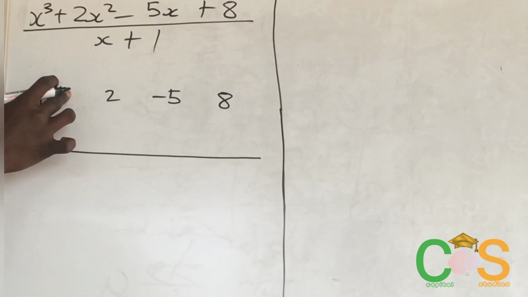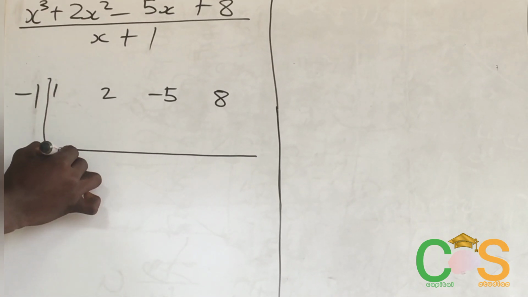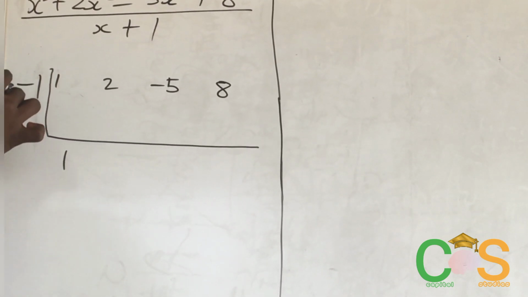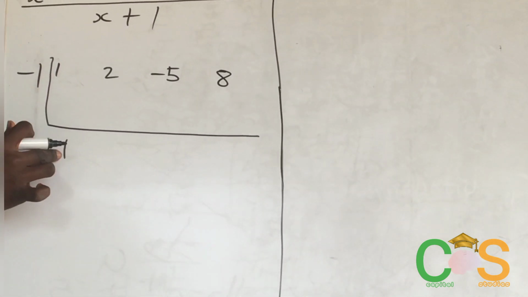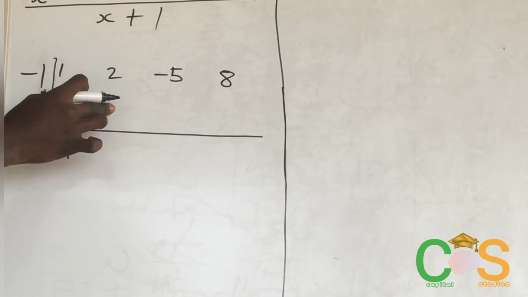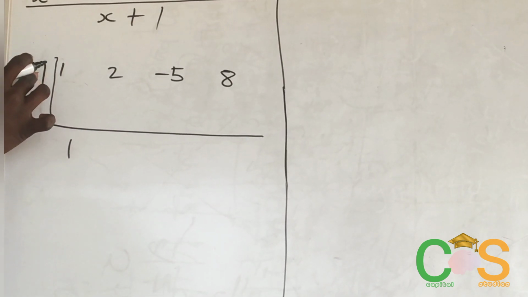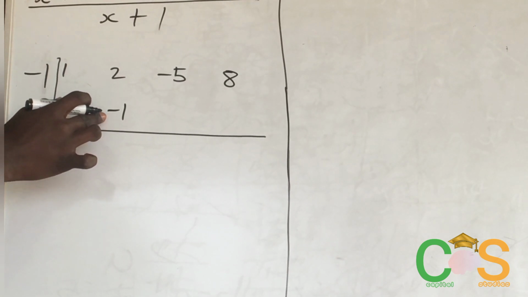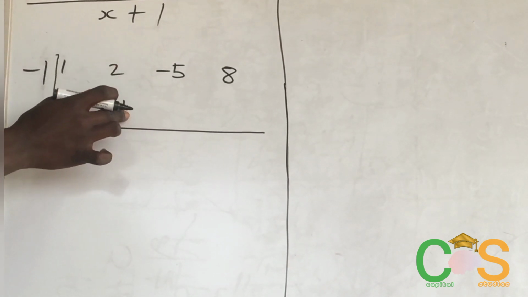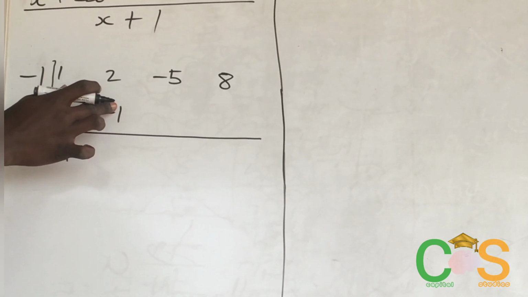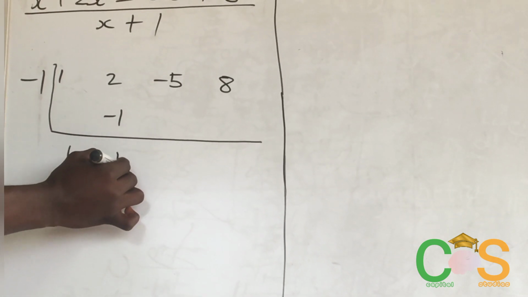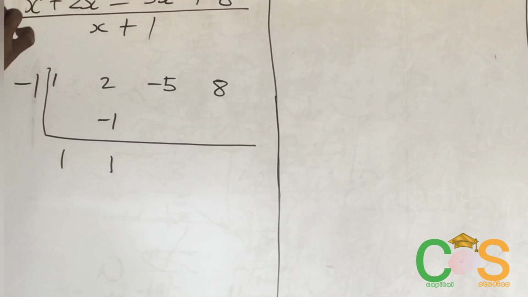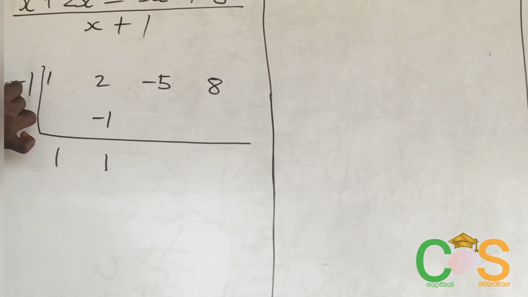To proceed, you first drop the 1, the first coefficient of x cubed. You drop it down and then multiply it by the negative 1 and write it beneath the 2. Negative 1 times 1 gives you negative 1. Then you add it to the 2. So 2 minus 1 is 1. After that you do the same thing to the 1.